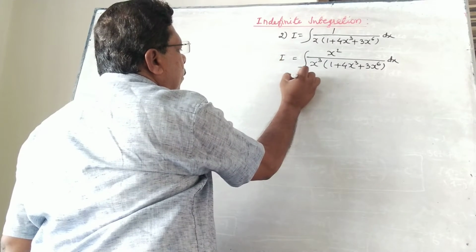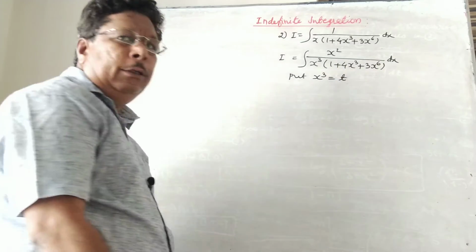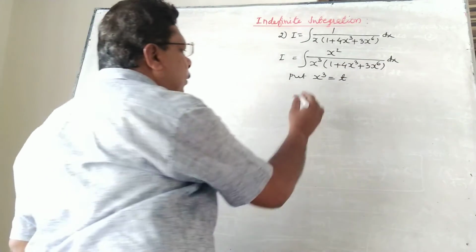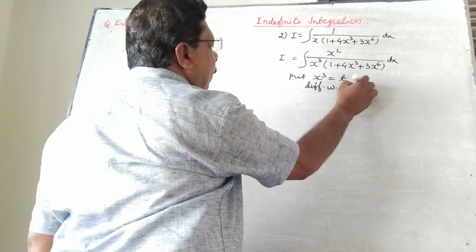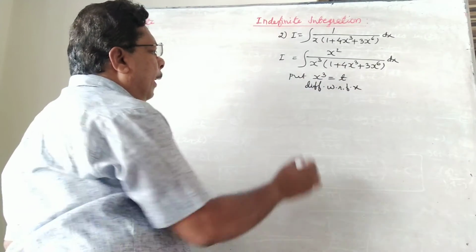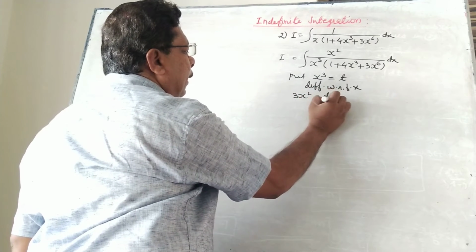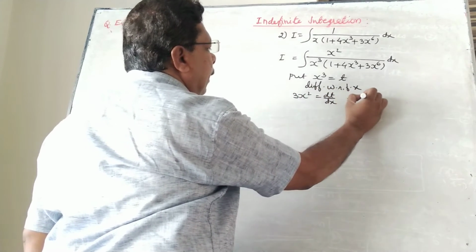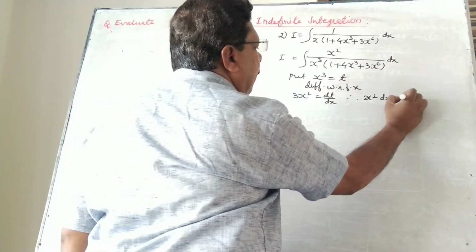Now here put x cube equal to t. Now differentiate. What is the derivative of x cube? Differentiate with respect to x. The derivative of x cube is 3x square, which is equal to dt upon dx. Therefore x square dx is equal to dt upon 3.